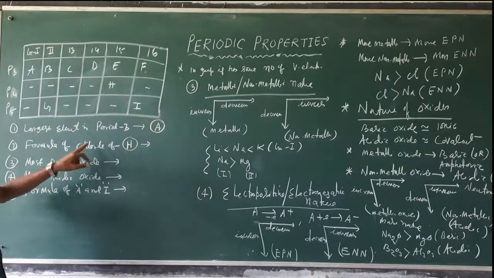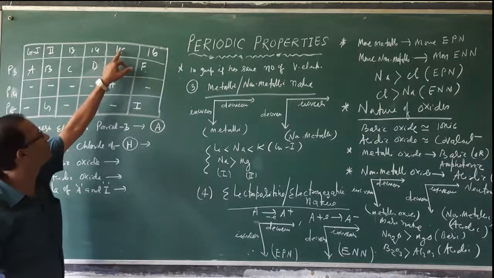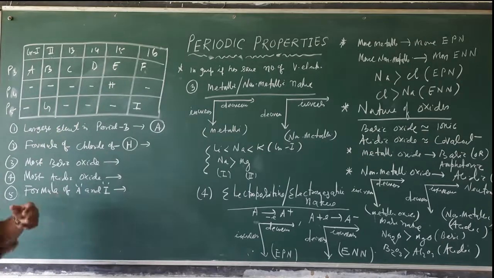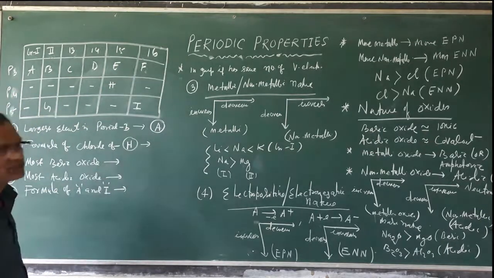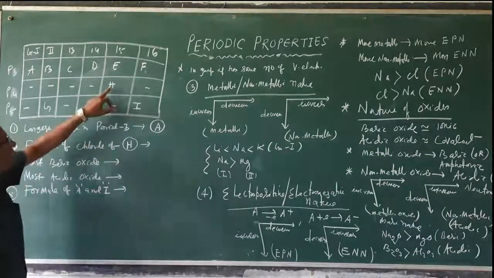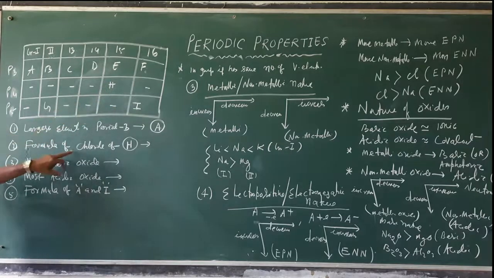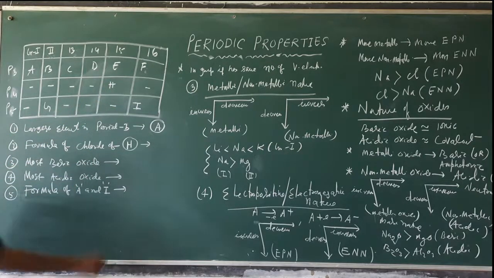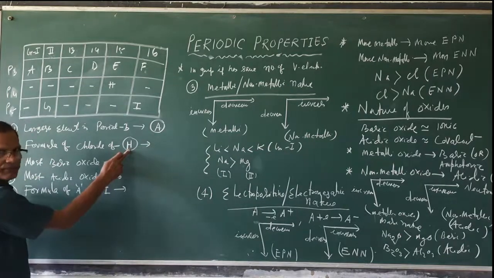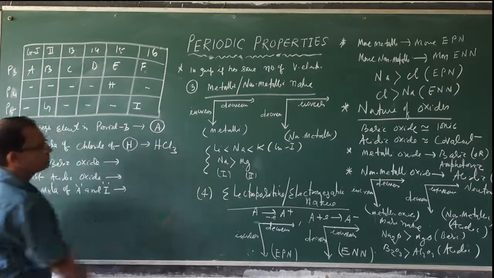Then the formula of chloride of H. What is the valency of H? Here it is group 15. Group 15 means valency is 3, because it already has 5 electrons, and 3 more electrons are required. So as it has valency 3, the formula of chloride of H will be HCl3.